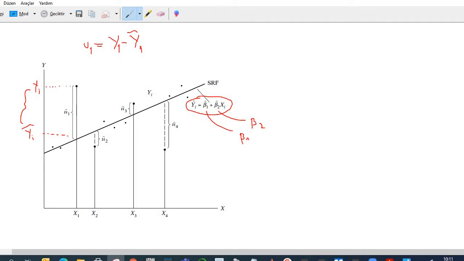So first of all, we have to think about what is the principal idea while we are deriving the OLS estimator.